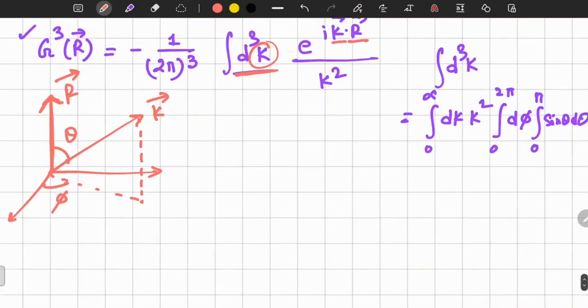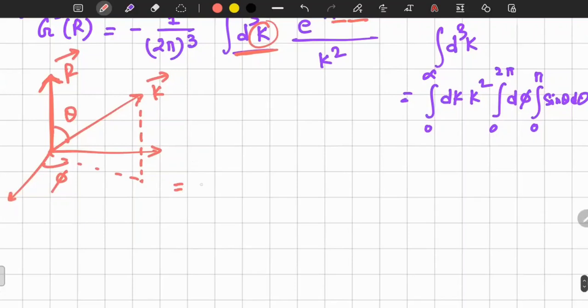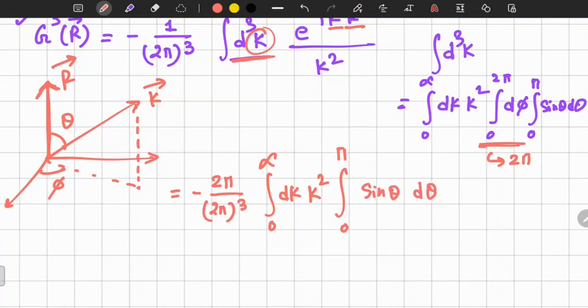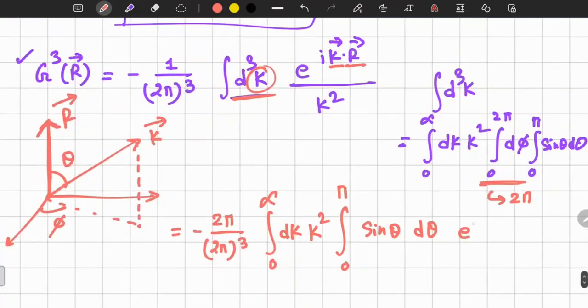So now if we do the integration, then we'll obtain that this is minus 1 by (2 pi) cube, 0 to infinity. If we break down the integration, then it will be dk k square. This integration will give us just 2 pi. So 2 pi will be there. And 0 to pi sine theta d theta, then e to the power i k r cos theta. Because this is the dot product, it will be i k r cos theta.